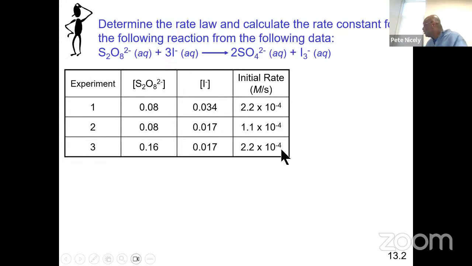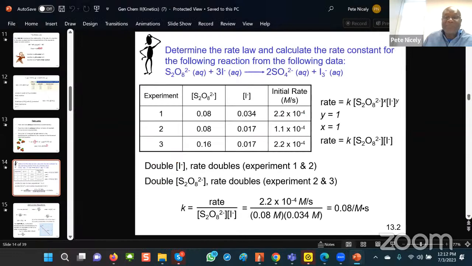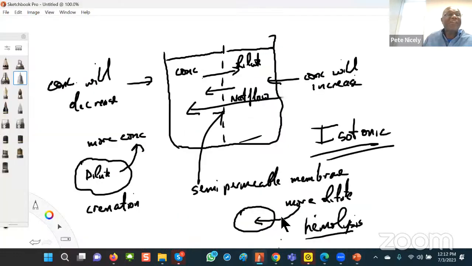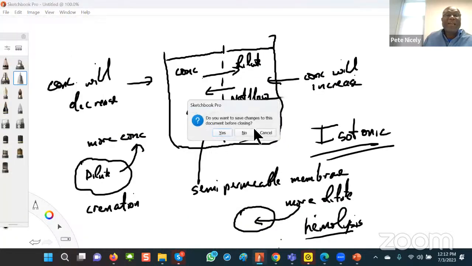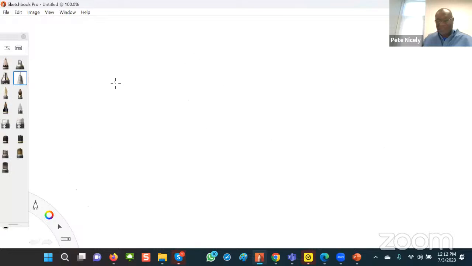Okay, so what I'm going to do is get out of this here, and bring up my writing application, and tackle the problem. The question gives us the data table, and it's asking you to determine the rate law.